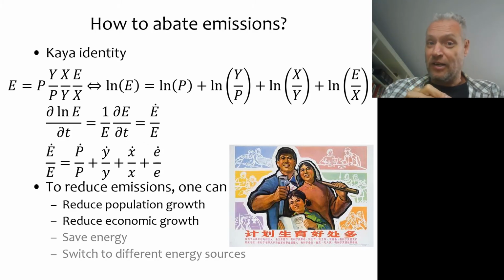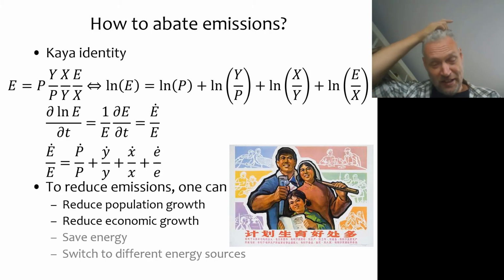That is a nonsense claim because the one-child policy came into force a long time before people started worrying about climate change, and it was introduced for reasons that had nothing to do with climate change or emission reduction, but that didn't stop the Chinese government to make this claim and make this claim repeatedly.